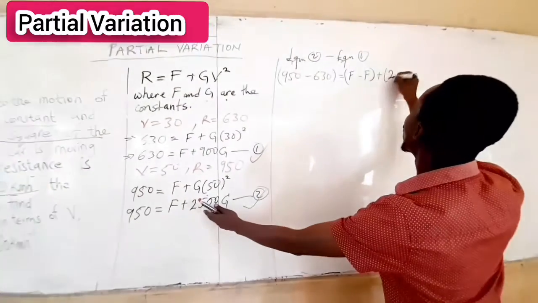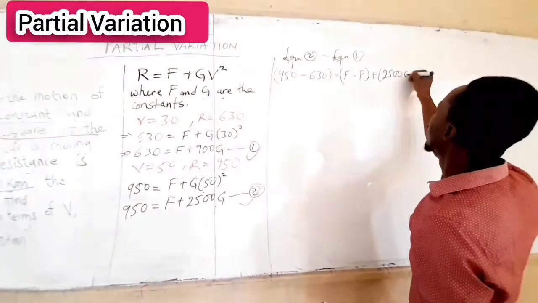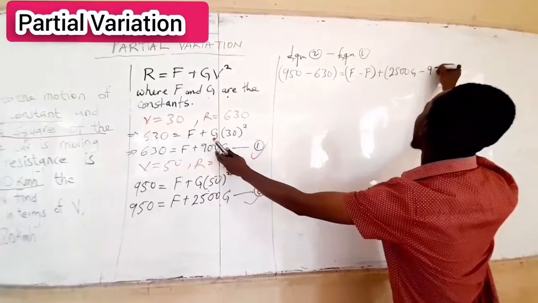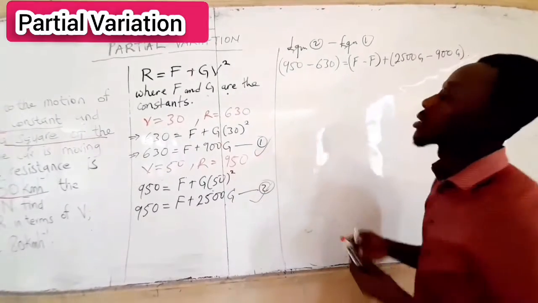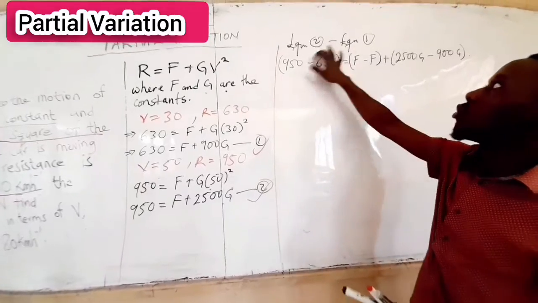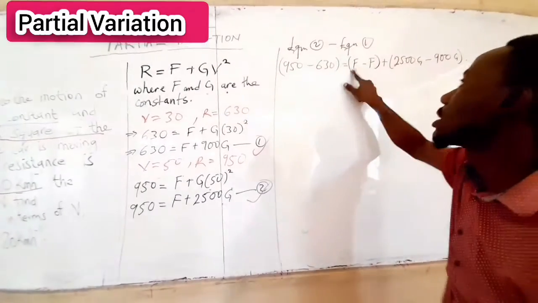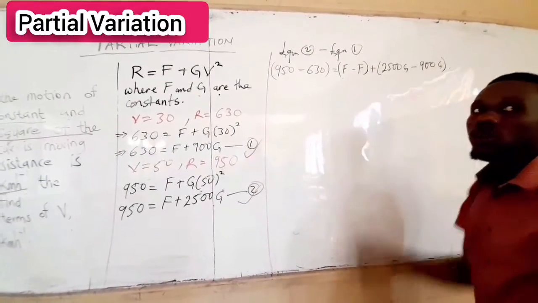So equation 2 minus equation 1. This one is equation 2, this one is equation 1.